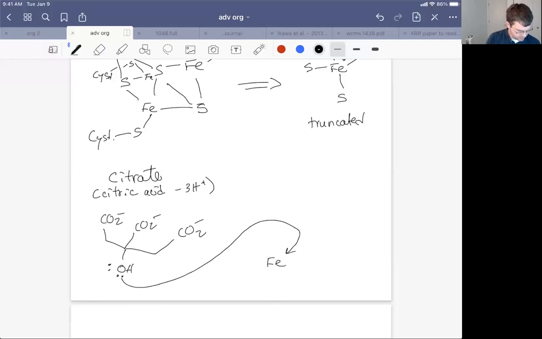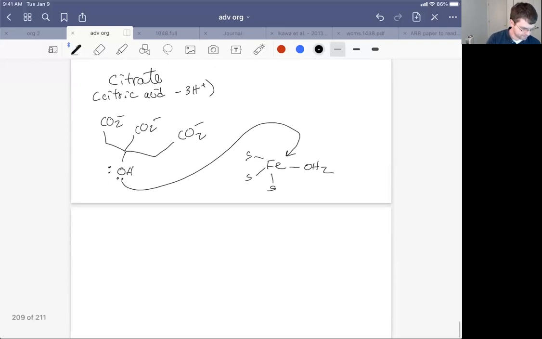And so the iron, recall, is attached to 4 things, 3 of which are sulfurs, 1 of which is a water. Okay. And now at this point, after we have that Lewis basic oxygen add to the iron atom, we get to a complex that can undergo an elimination reaction.